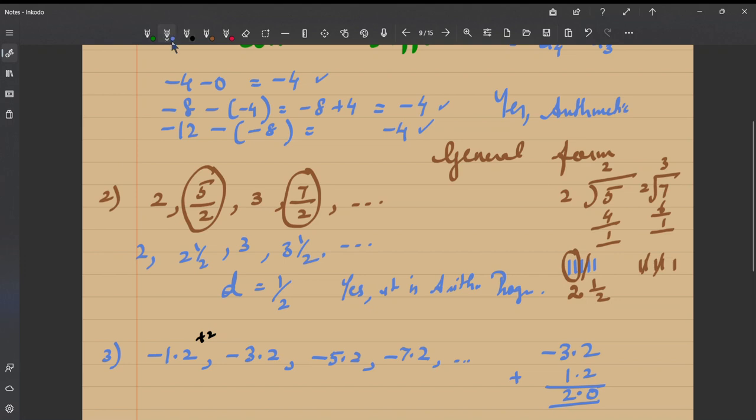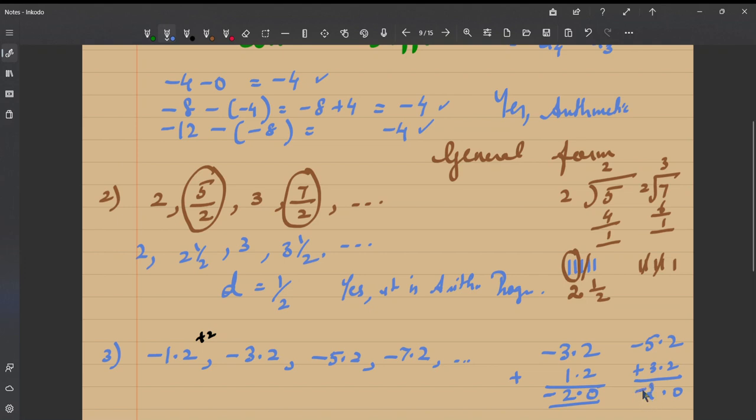And let me check the A3 minus A2 also. It is minus 5.2 minus of minus 3.2. Here also we get the same difference, 5 and 3. Okay, it's a negative 2 because 3.2 is bigger and it has a negative sign attached to it.